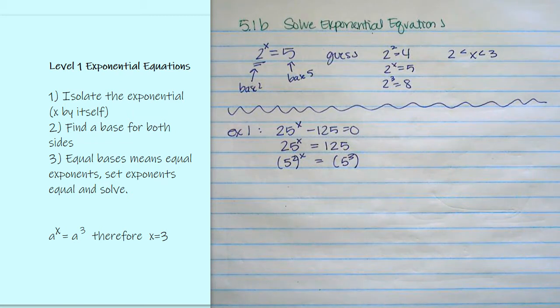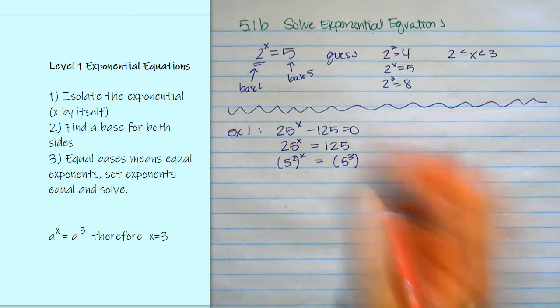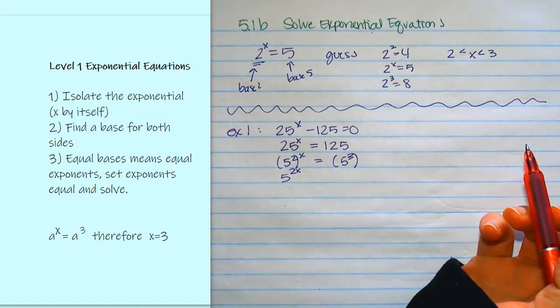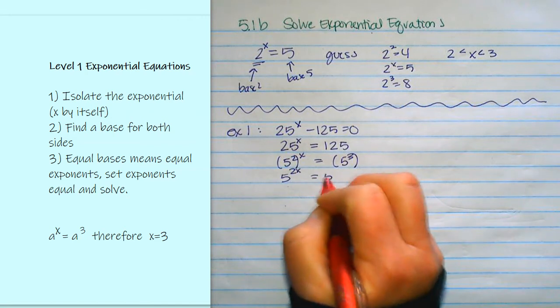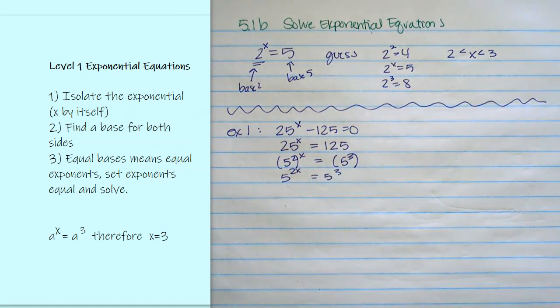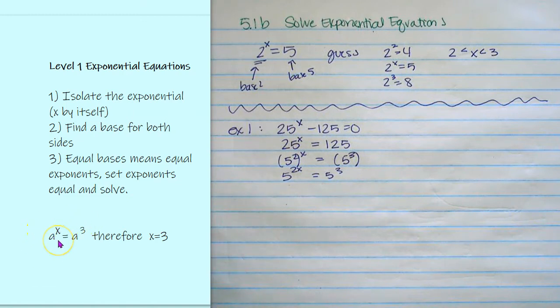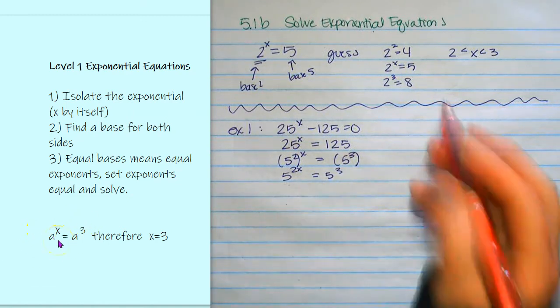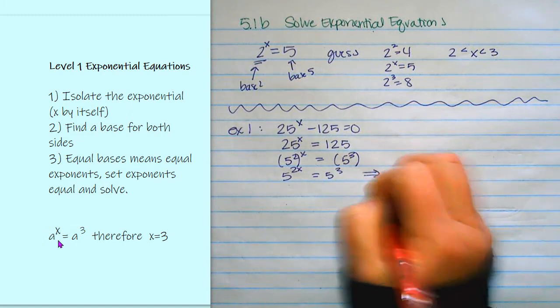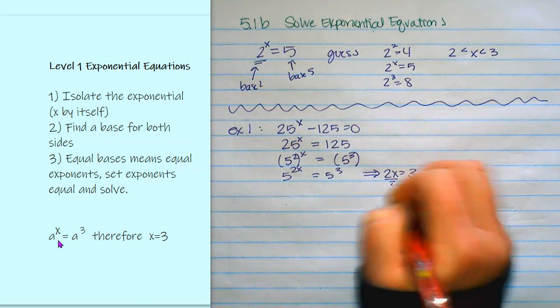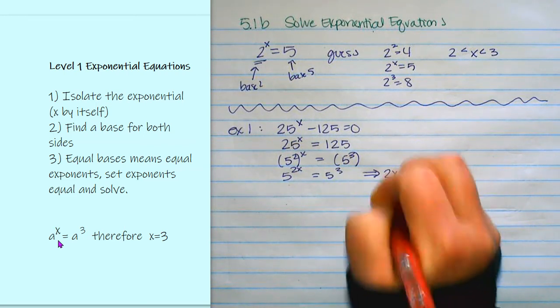And I've done this so I can make the next leap, which is this is 5 to the 2x, power of a power means multiply. And I've got 5 cubed. So now I have a situation like at the bottom of my example where I have the same base. And the base is 5. Therefore, I can go to the math, which is 2x equals 3. So divide by 2, x equals 3 halves.